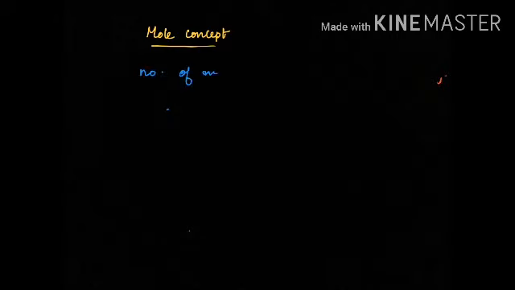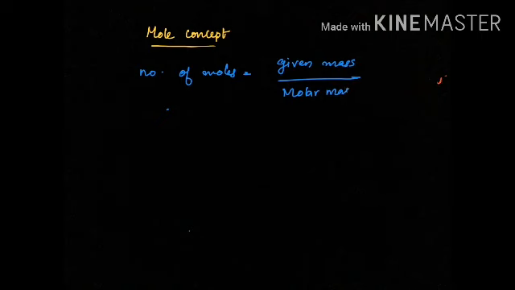Number of moles is equal to the given mass, whatever the mass of the particles, divided by its molar mass. So number of moles is equal to given mass by molar mass. What is this molar mass?